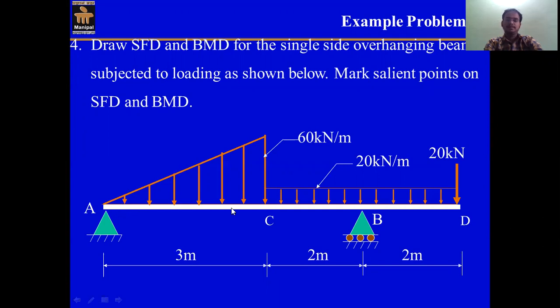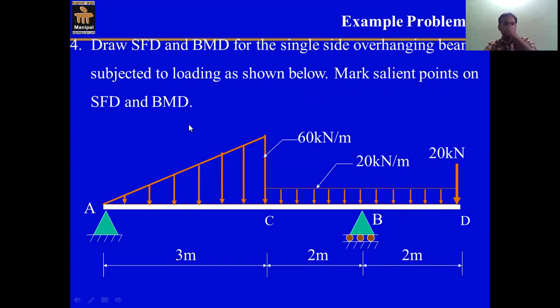A beam is here with two supports, knife edge supports. Draw shear force diagram and bending moment diagram for the single side overhanging beam subjected to loading as shown below. Mark salient points on SFD and BMD.